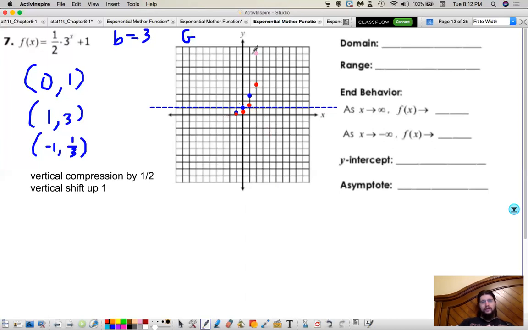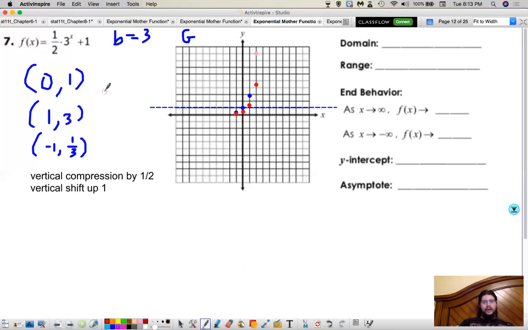So if I were to plug in 2 into 3 to the x, that'd be 3 squared, which is 9. And then half of 9 is 4.5. So if it's difficult for you to get the shape out of the basic points, you can always go up a point or 2 more, whatever you need to do.